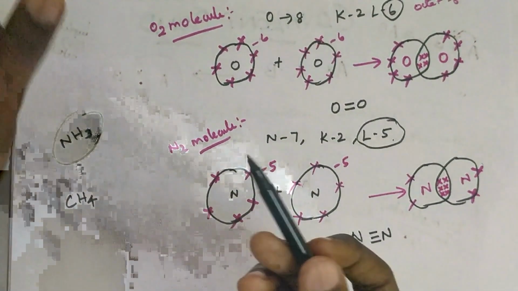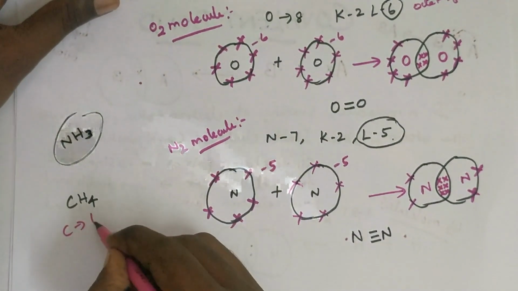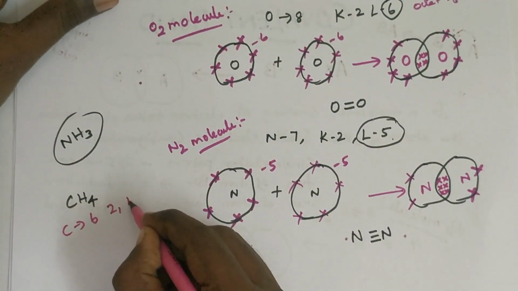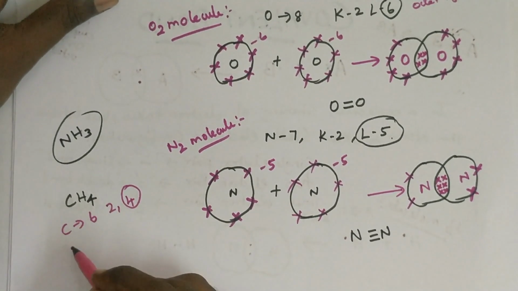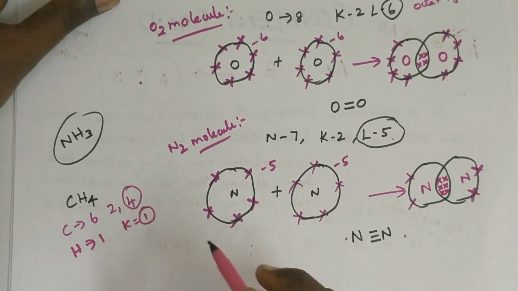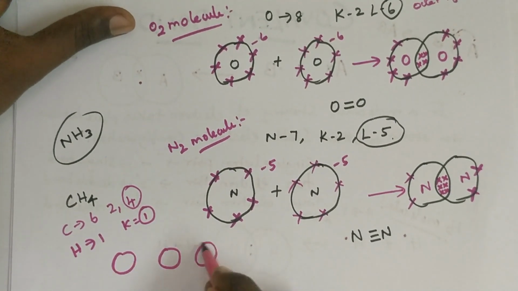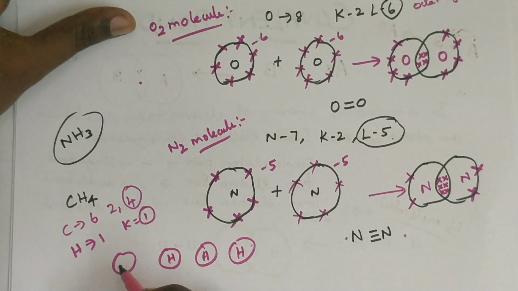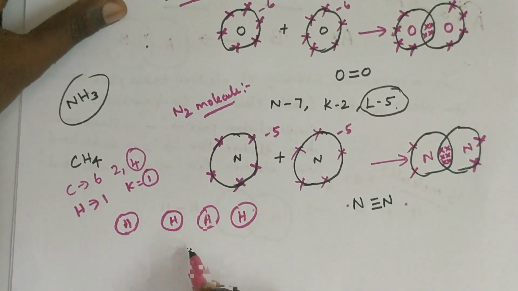It is given in the textbook. So carbon atomic number is 6, so 2, 4, you have to count only the valence electrons. Hydrogen atomic number is 1, so K shell is 1, so you have to see this outermost electron. So there are 4 hydrogen and 1 carbon.